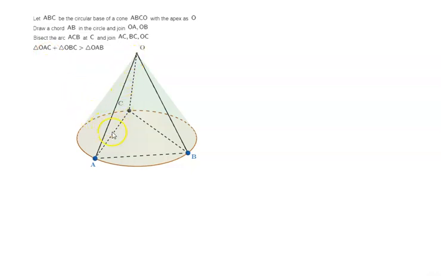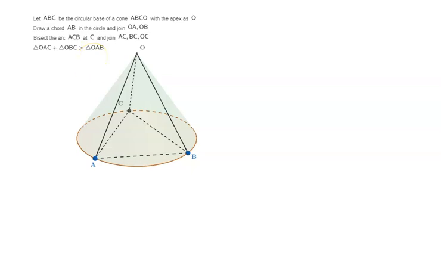Triangle OAC plus triangle OBC is greater than triangle OAB. Height is the same for all these three triangles, and here AC plus BC is going to be greater than AB.